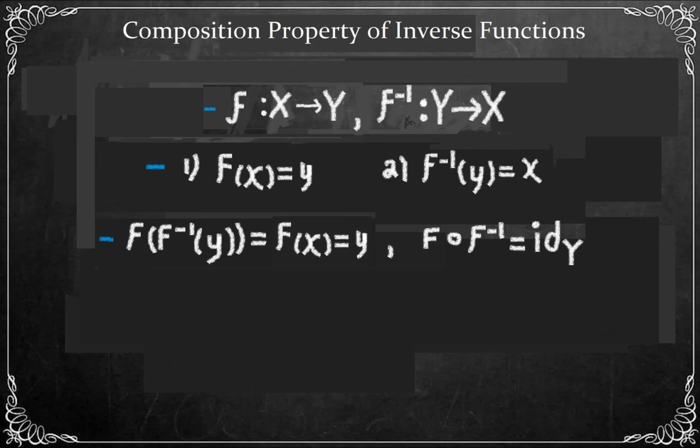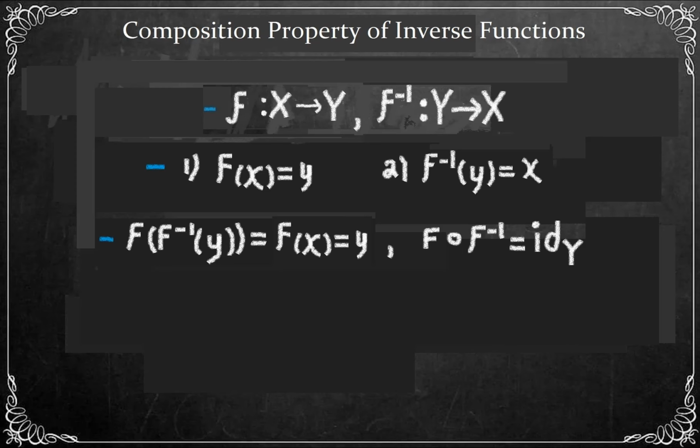So here's a brief discussion about the composition property of inverse functions. If f and f inverse are true inverses, then applying the inverse function to the output of the original function returns the original input.